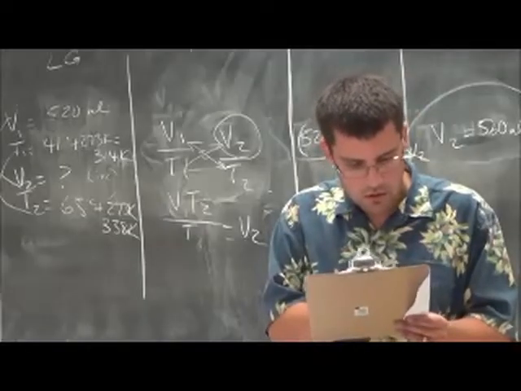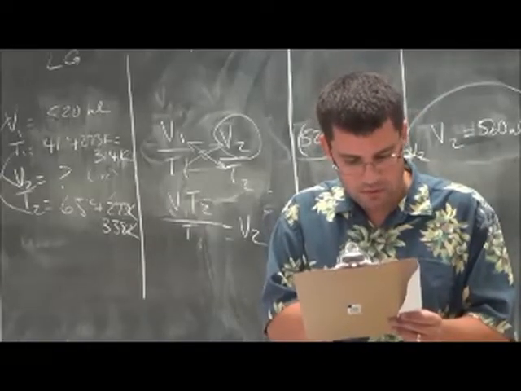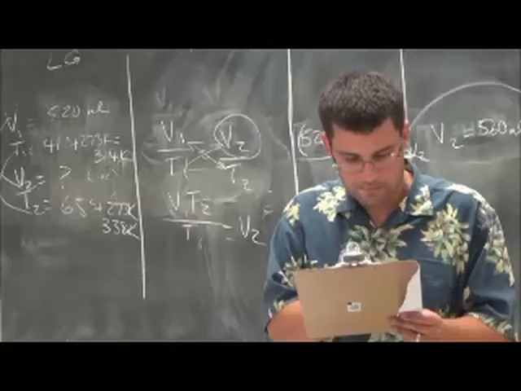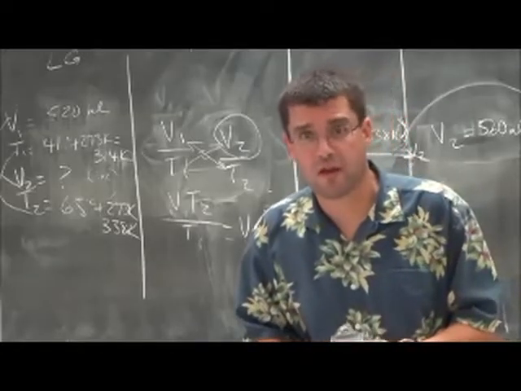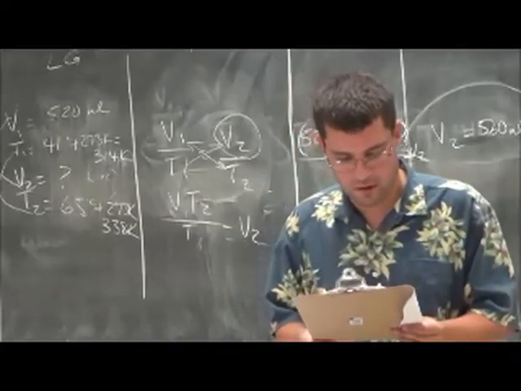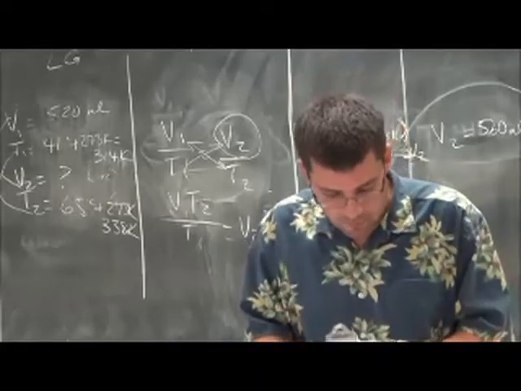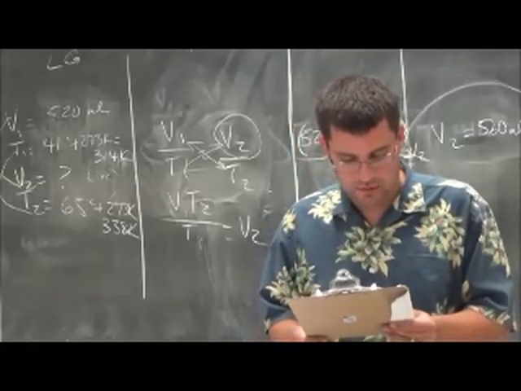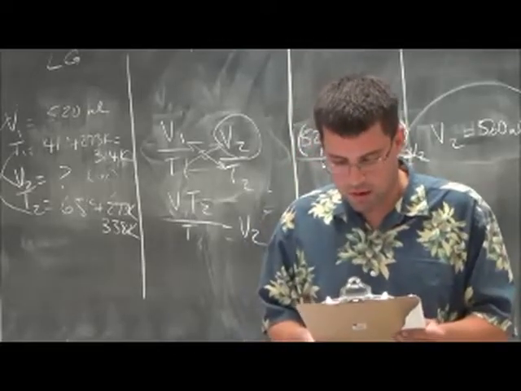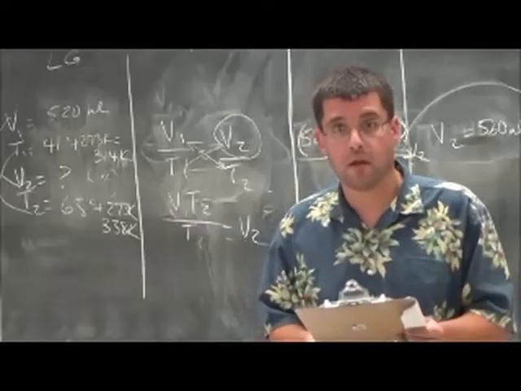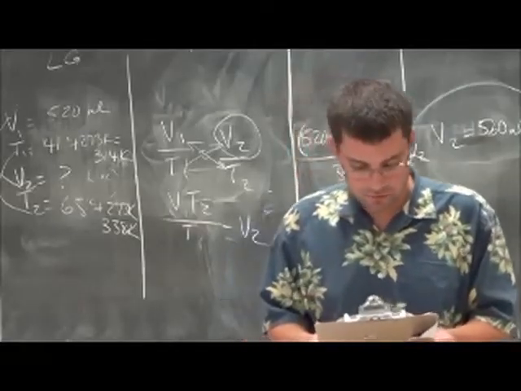Let's see. I'm looking at for number 3, I got approximately 541 Kelvin as my T1 value. Number 4, I'm looking at, let's see, the temperature dropped, so the volume should too. So I'm looking at a value of approximately 53 milliliters. 53 milliliters.